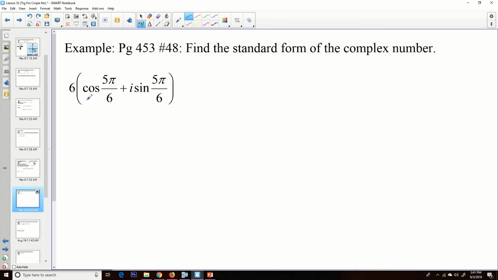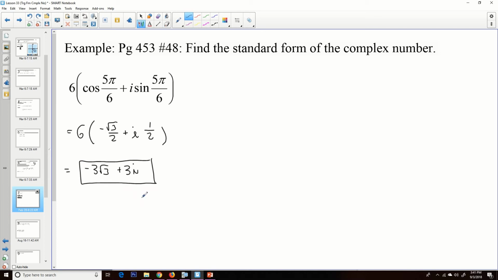So if we go to our unit circle, we have 6 times, let's see here, the cosine of 5 pi over 6 is, I think, negative square root of 3 over 2 plus i times the sine of 5 pi over 6 is 1/2. And so if I distribute the 6 to both terms, I'll get negative 3 square root of 3 plus 3i as my standard form of the complex number.